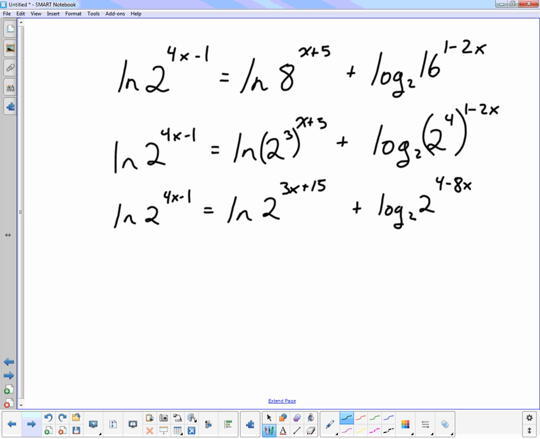Log base 2 of 2 to the 4 minus 8x. Okay.